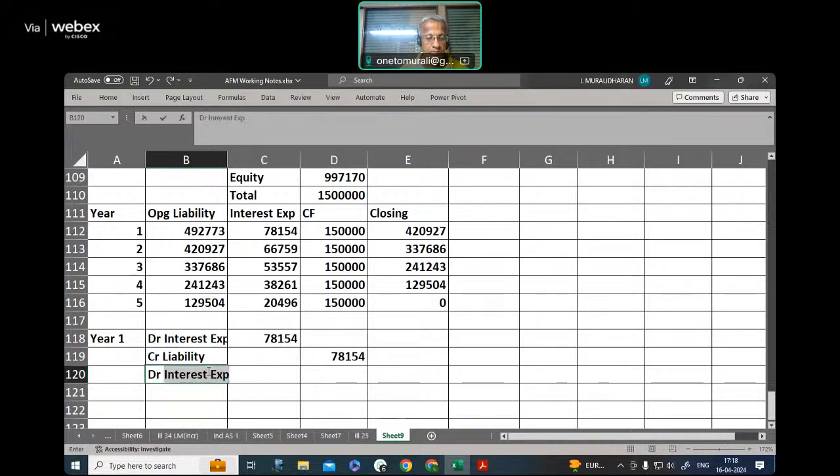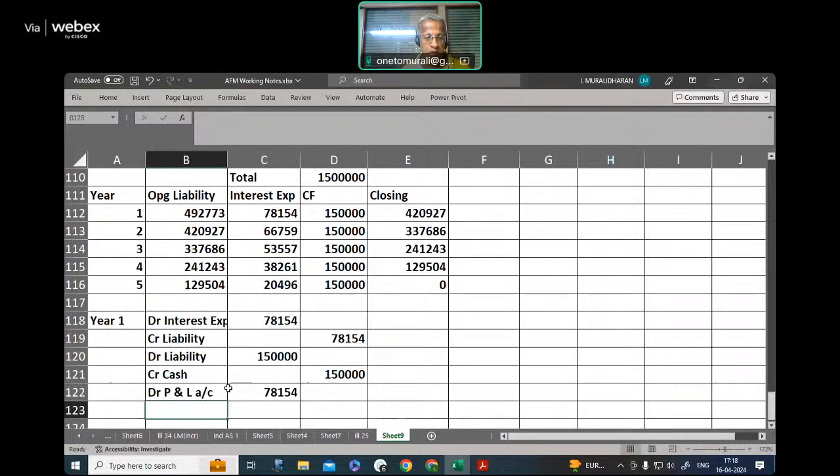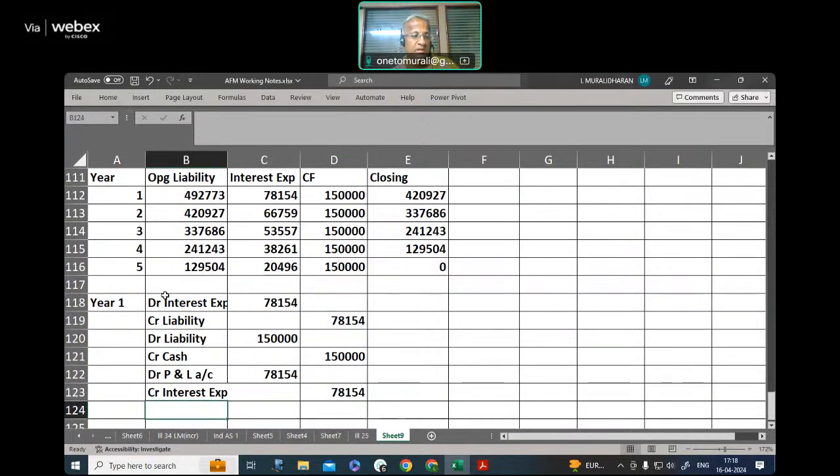Then debit liability 150,000, credit cash. Then debit P&L account, credit interest expense. Okay, this is one set.